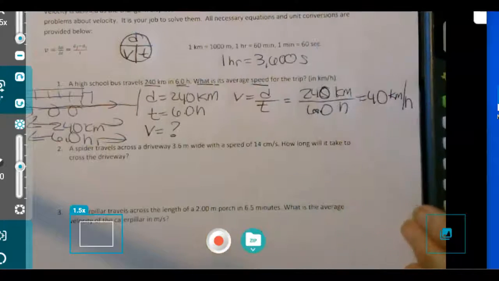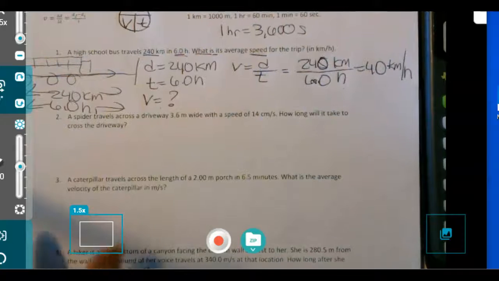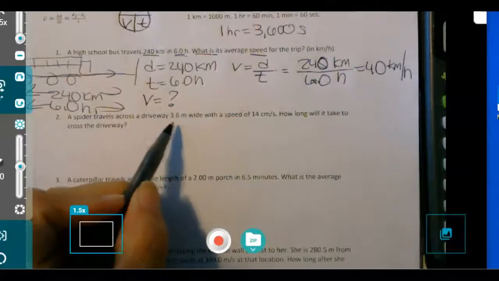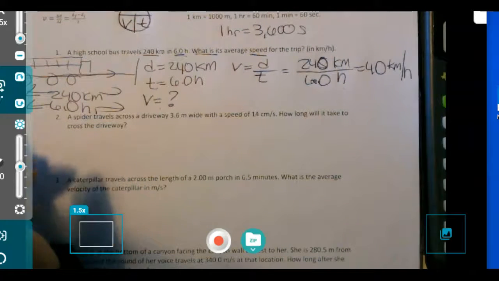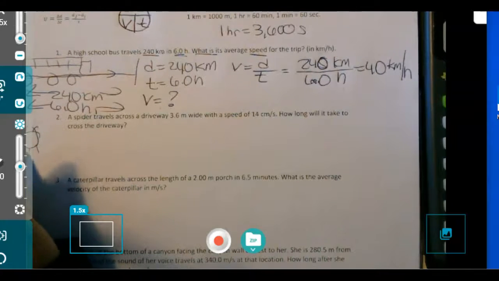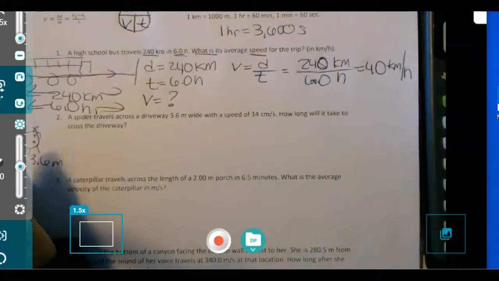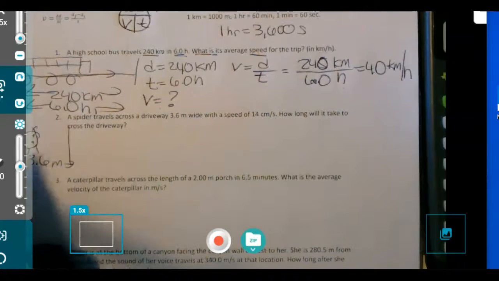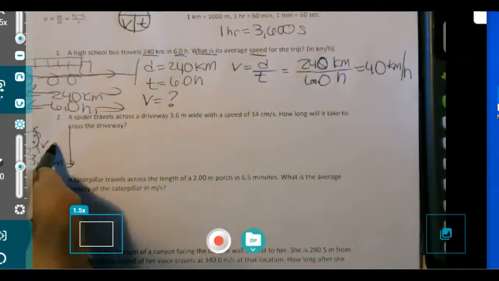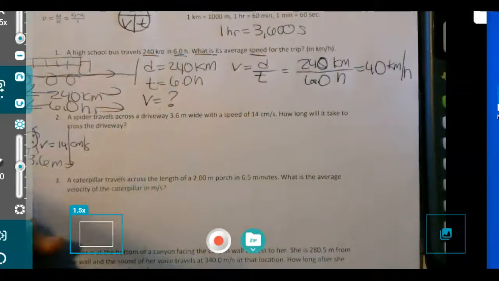The next problem. It says a spider travels across a driveway 3.6 meters wide. So I got my Spidey, and I'm going across the driveway 3.6 meters. And he's moving at a speed of 14 centimeters per second.